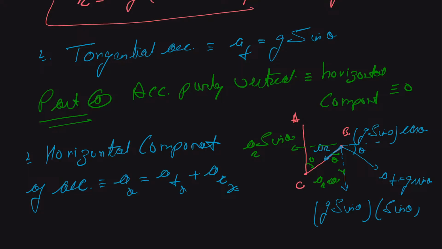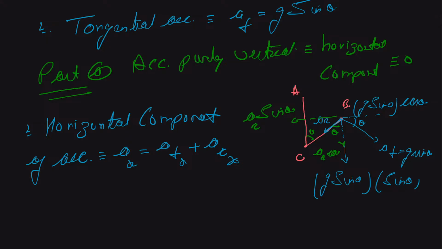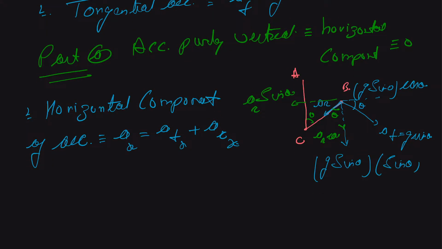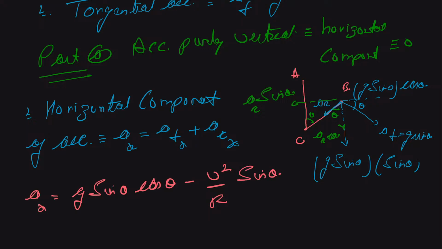Therefore, a of x will be equal to the tangential component in the x direction, g sine of theta cos of theta, and the radial component is in the opposite direction, that is minus, and a of r is v square upon r, which comes with sine of theta.